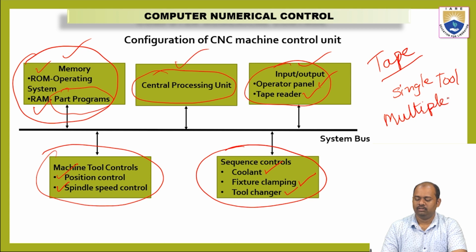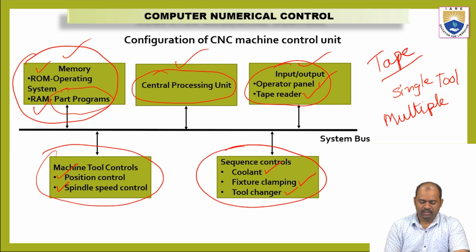Multiple tool holding devices will be there, so we can do different operations on the same workpiece in the same machine only. Simply we have to fix different tools in the tool post. They will be used one after another.